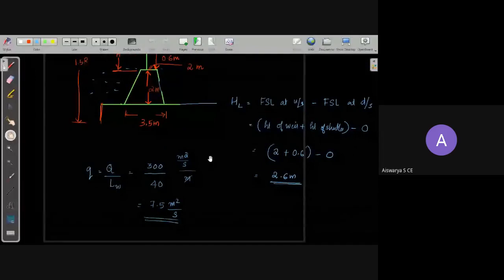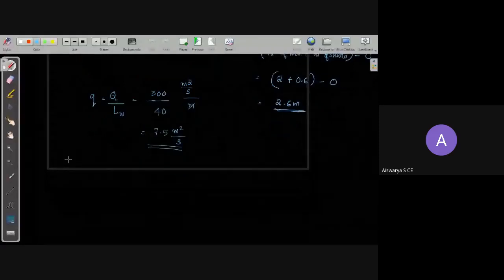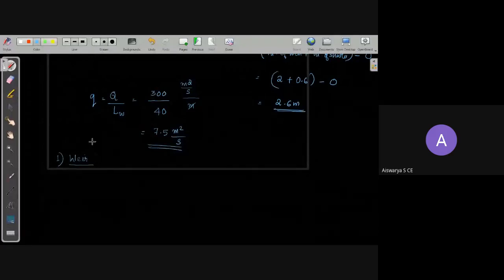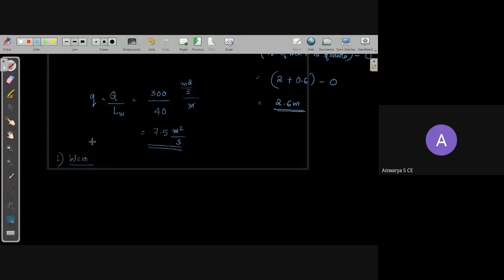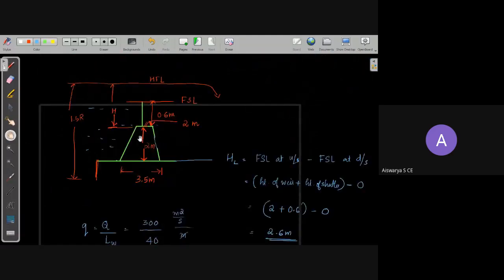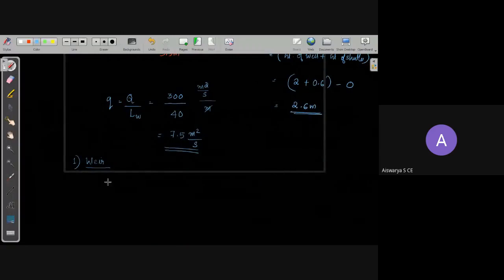Now we'll start designing each and every part separately. The first portion is the weir. I have already given the steps involved. In the weir section, you have to determine the top width and bottom width. In this question, we have already been given the data regarding the top width and bottom width.